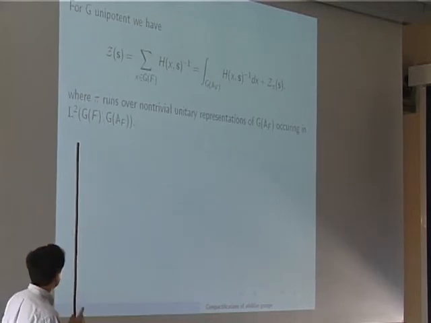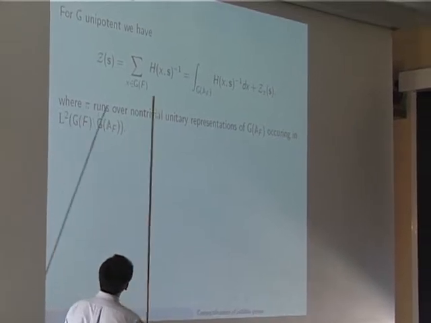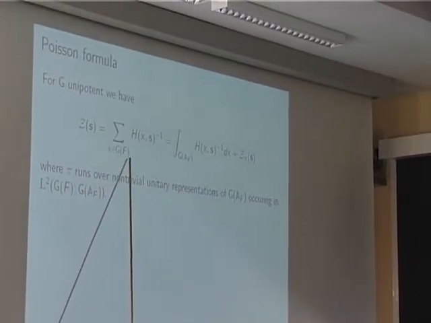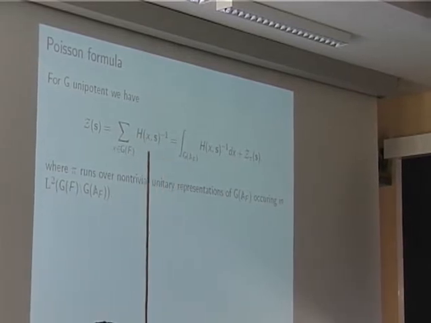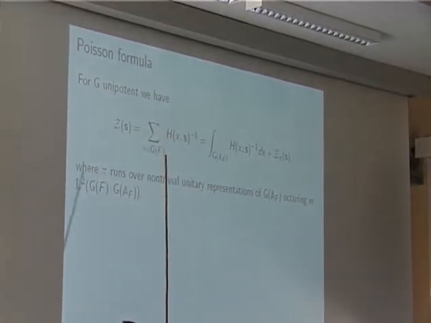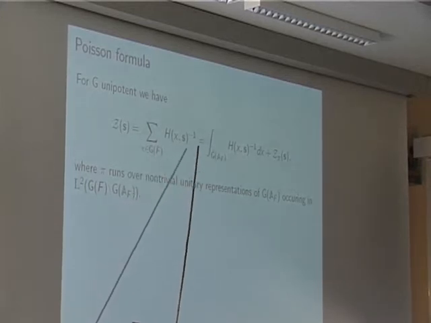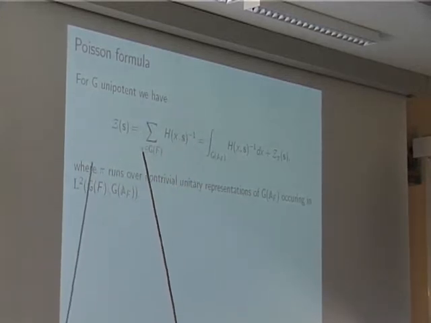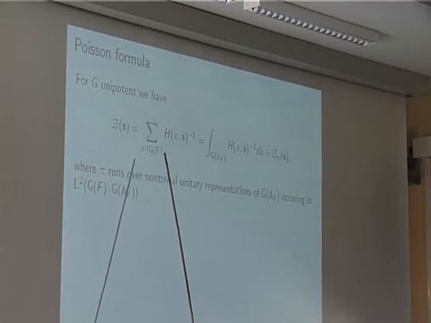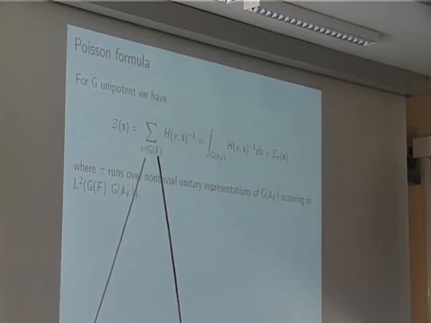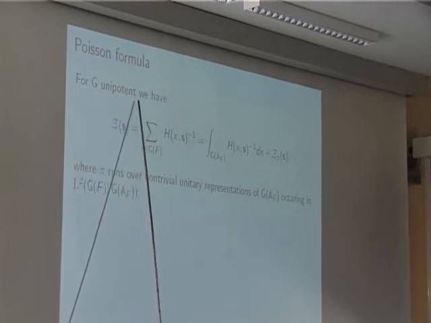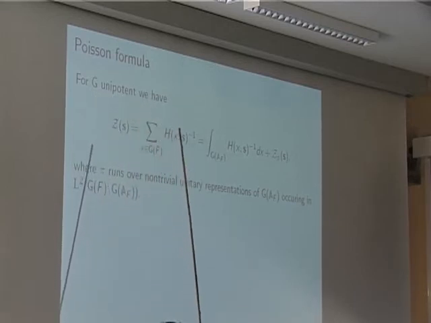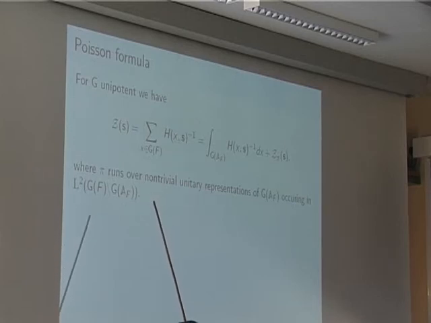All right, so we have this height, and we can sum over all rational points in G of the height, and here again with vector s in the complexified Picard group to the -1. And the Poisson formula says, I write Poisson formula, but in fact, I'm also looking at general unipotent groups like the Heisenberg group or just the upper triangular group.